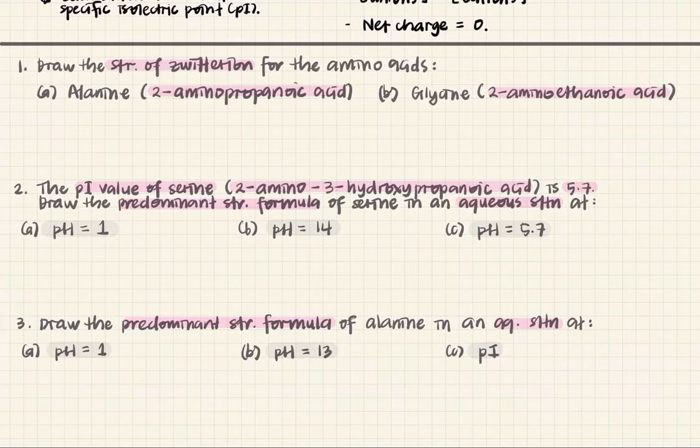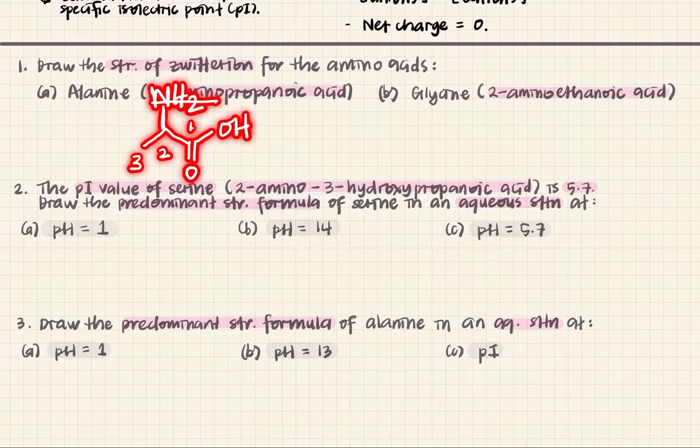Since you have propanoic, that means you have 3 carbons, 1, 2, 3. And it's a carboxyl group, so C double bond O, OH. So this will be carbon number 1, carbon number 2, carbon number 3. So you have 2-amino. That means that at carbon number 2, here you have NH2, an amino group.